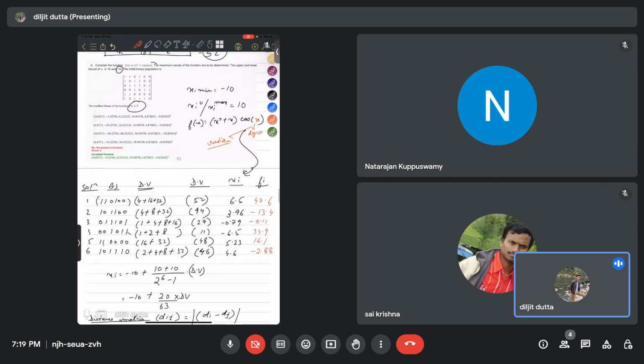The value is correctly 0, 1, 1, 1, 0, 1. So this is 1. 1 into 2 square 4, 1 into 2 cube 8, plus 1 into 16. Fine. Minus 0.79.